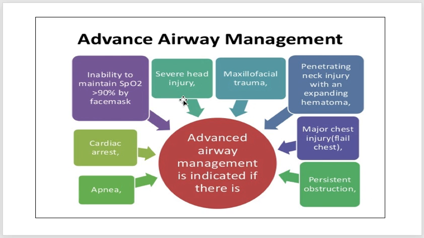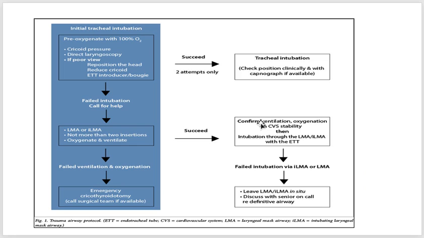So of course, in these cases we need advanced airway management, like endotracheal intubation. And as I told you, if any one of these things is not working, then we can go for one more thing. I will show you that after explaining endotracheal intubation.